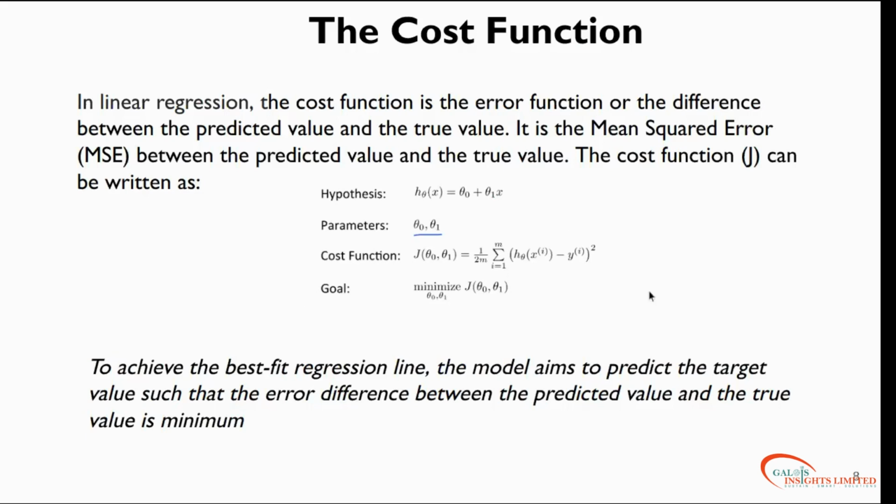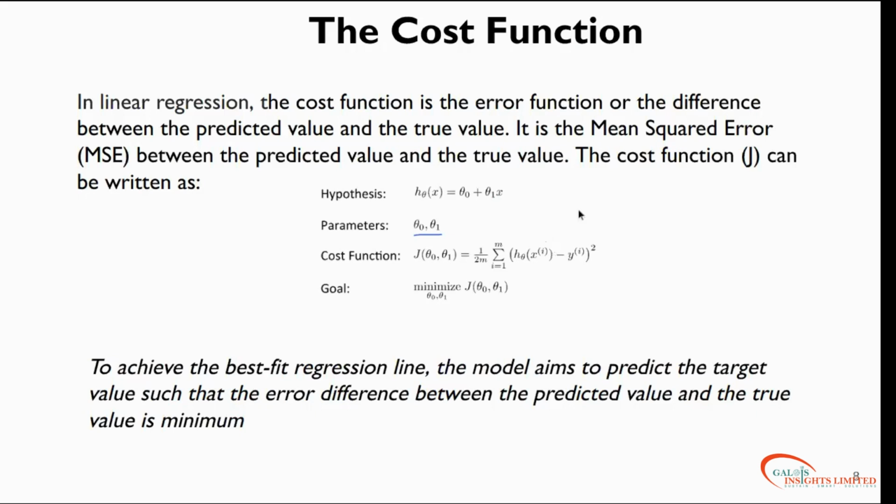It comes in this equation that I have here: J of theta naught and theta one, J being a function of theta naught and theta one, is equal to 1 over 2m, where m simply refers to the number of samples that we have in the data set.